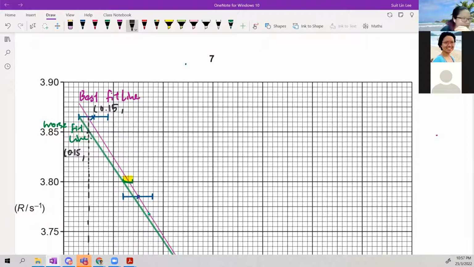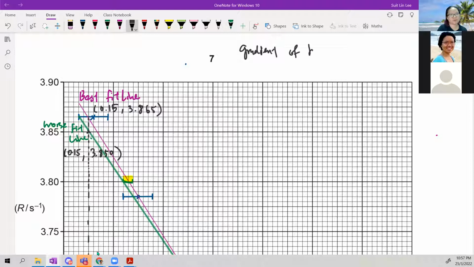You don't have to write also, never mind, but you can always write to help yourself. 3.865. And this one would be 3.850. Okay.